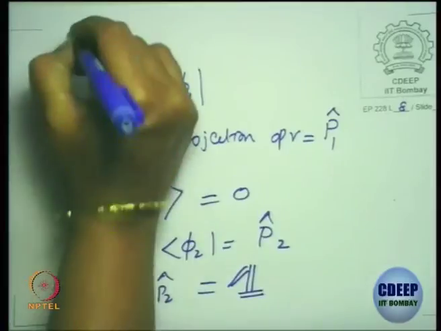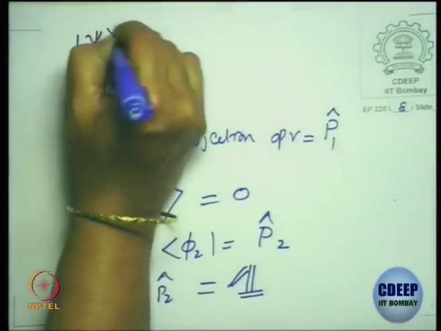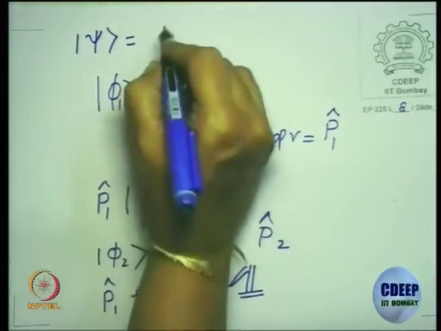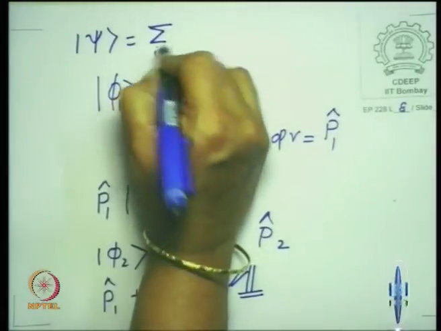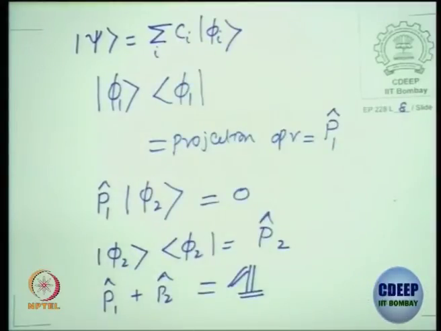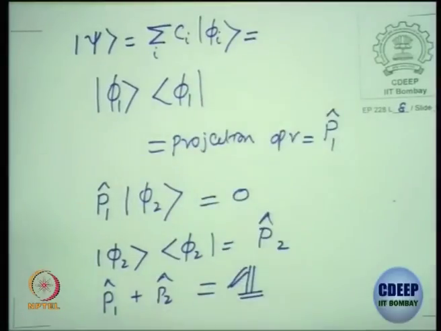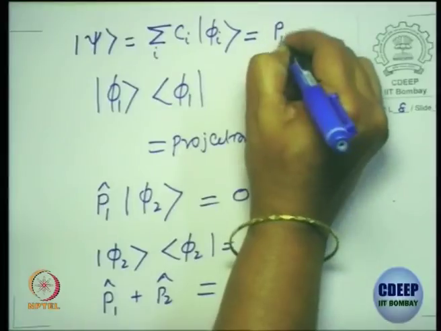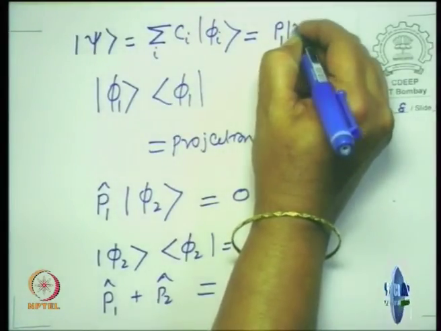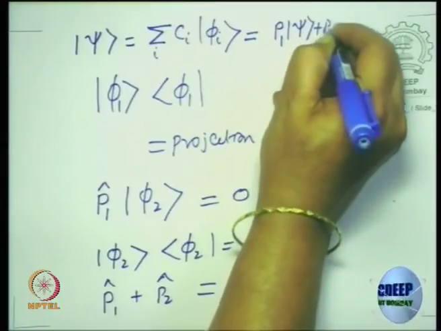So, whenever I write an arbitrary state psi, I could write this as I said, some sum of Ci times phi i. I could also write it as projection operator P1 psi plus P2 psi.